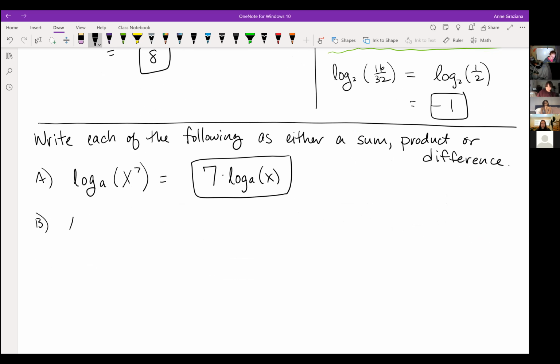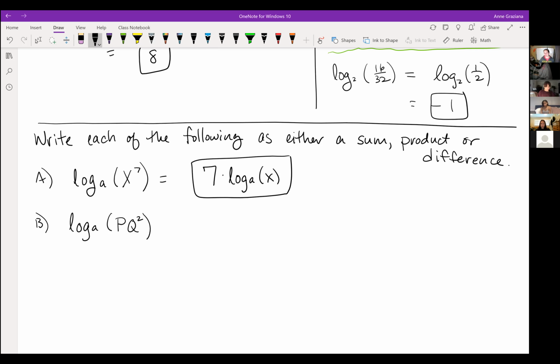Let's do log base A of PQ. Let's make this more interesting. Let's do PQ squared.